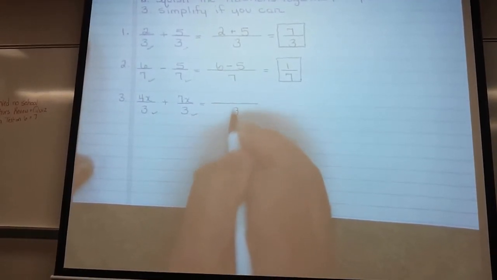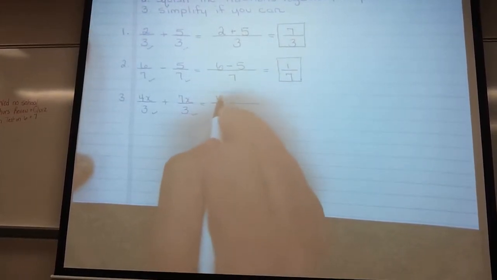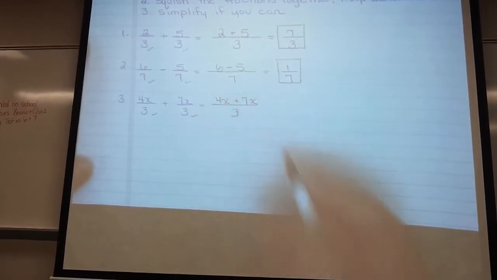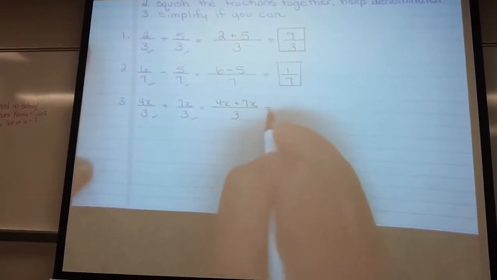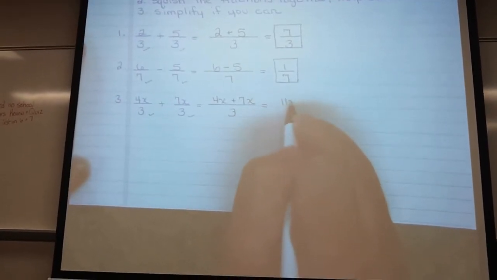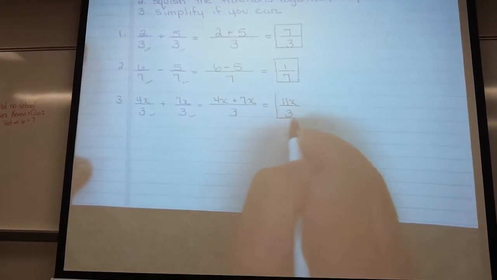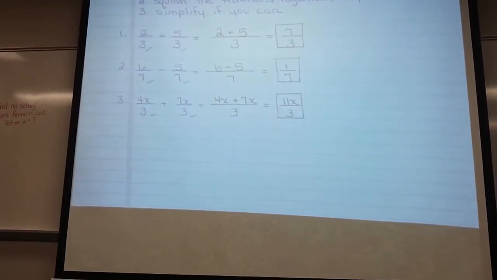If you need to do this intermediate step where you actually write the squish part, 4x plus 7x, just to show that they're together on the top. What would the top simplify to? 11x over 3. Why wouldn't we square the x? You only do that when you multiply.